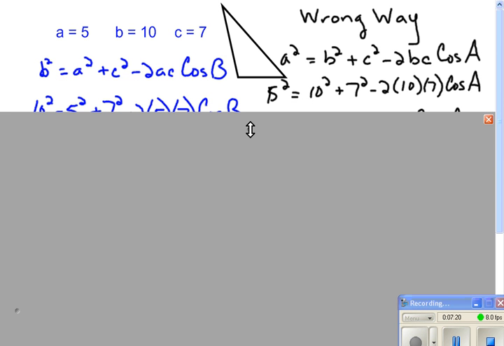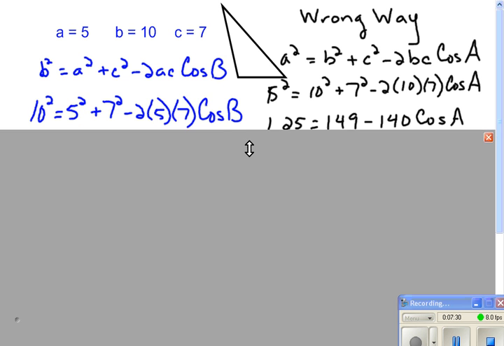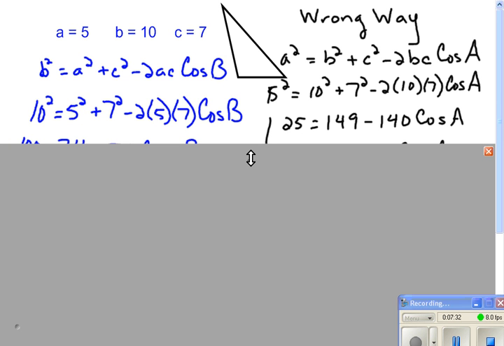Substituting the numbers in, I'd have 5 squared equals 10 squared plus 7 squared minus 2 times 10 times 7 cosine A. Doing that math, I'm going to have 25 equals 149, because 10 squared plus 7 squared is 149, minus 140 cosine A, because 2 times 10 times 7.